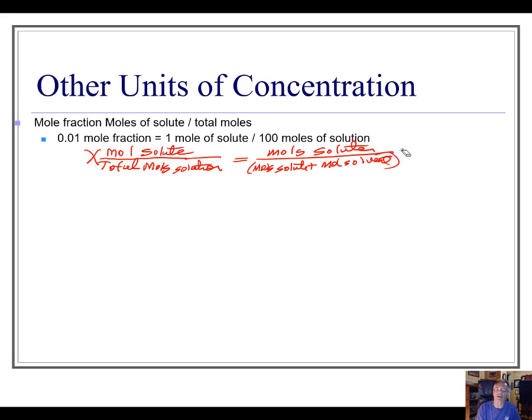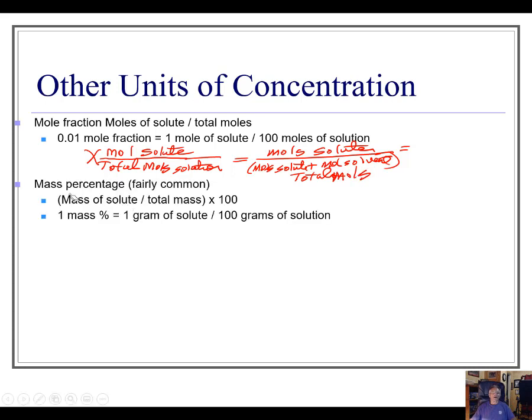Now, moles is going to cancel, so there's no units to a mole fraction. It's just a decimal. It's just a ratio of moles of solute normally to total moles. This is total moles down here. Okay? All right, so we'll work a problem with that.